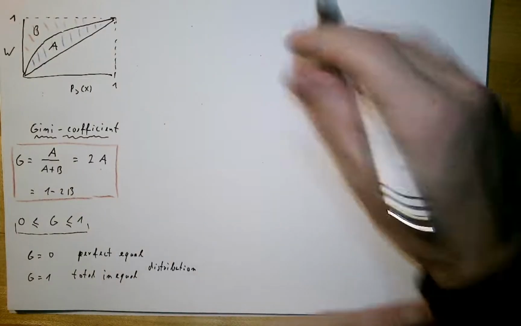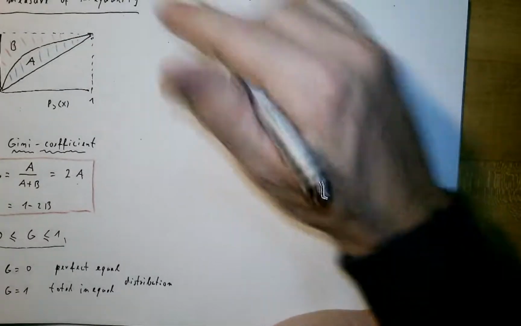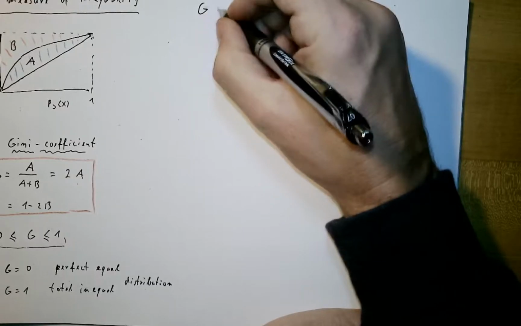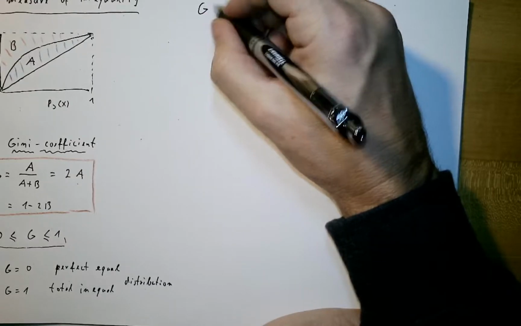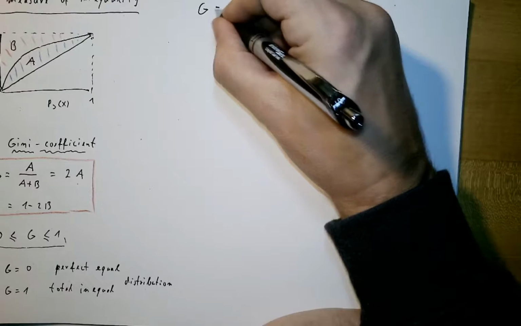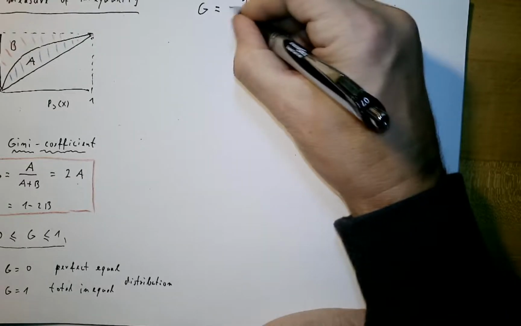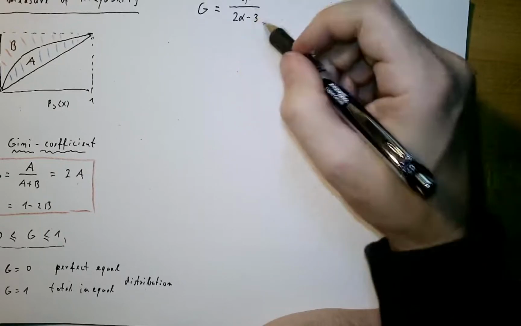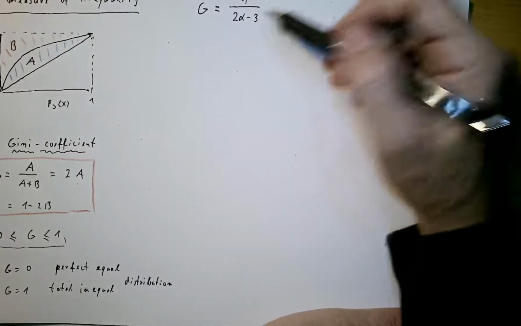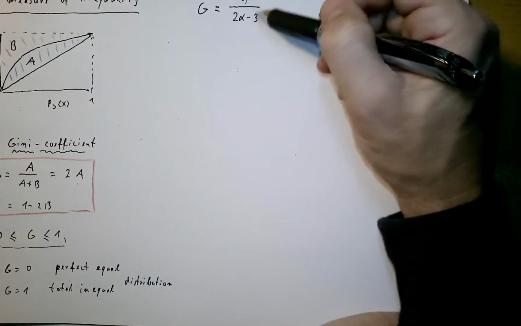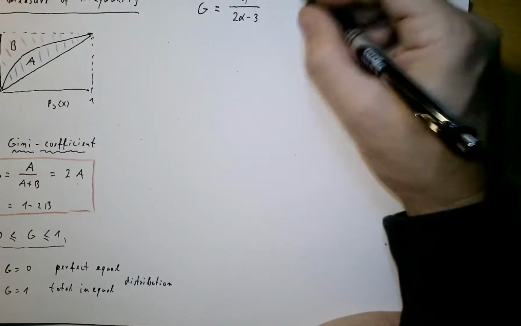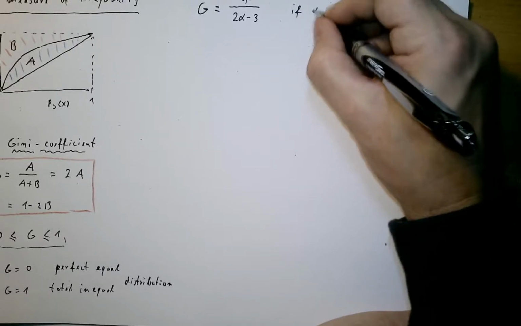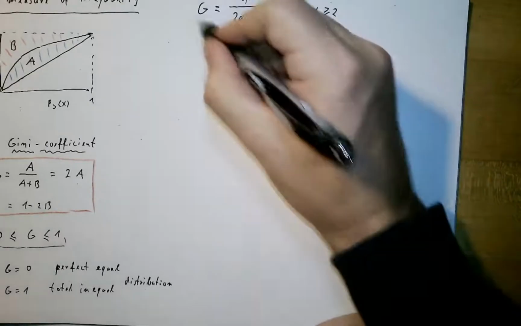And now we can calculate this. For example, if we have a power law with alpha larger than 0, then we can calculate the Gini coefficient as 1 over 2 alpha minus 3. It's just a simple calculation, you can do this, if alpha is larger than 2.